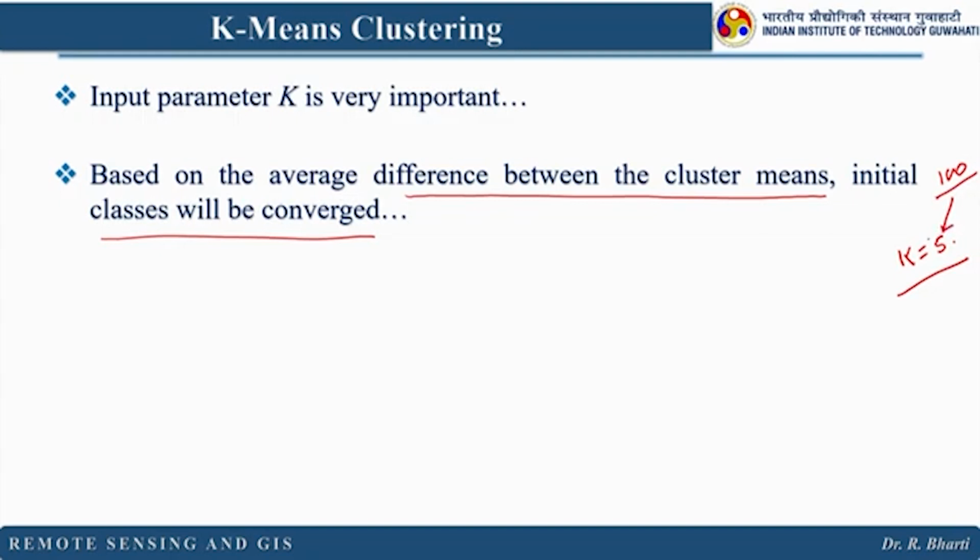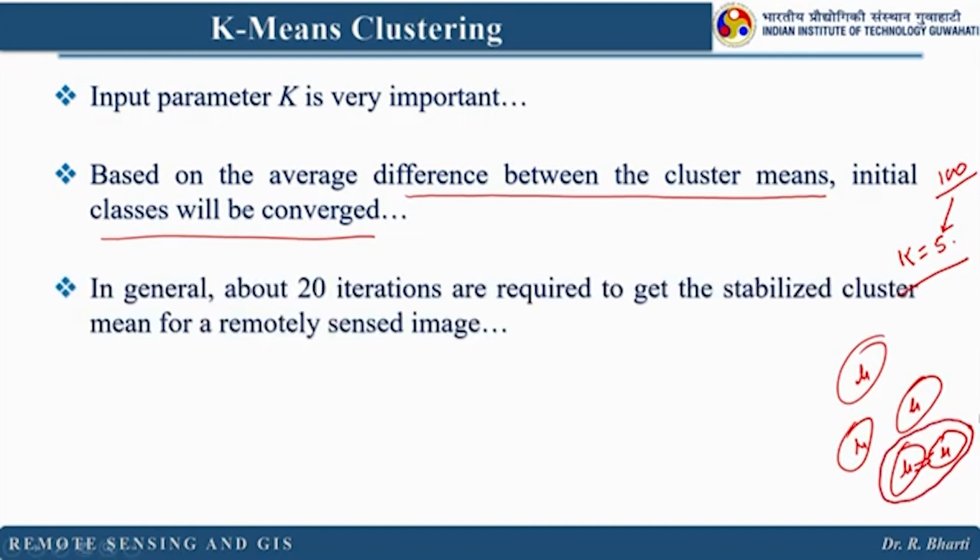Suppose you have different clusters, and this mean and this mean are not very far from each other. So these two will converge and become one class.